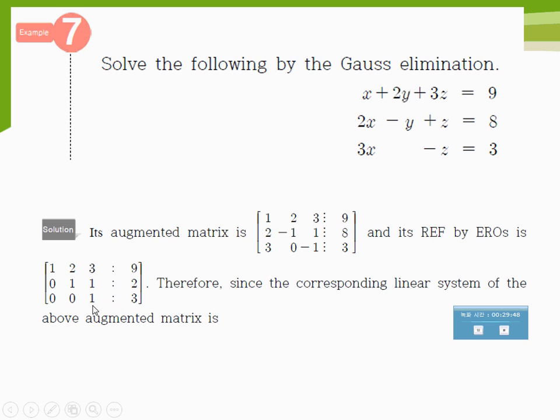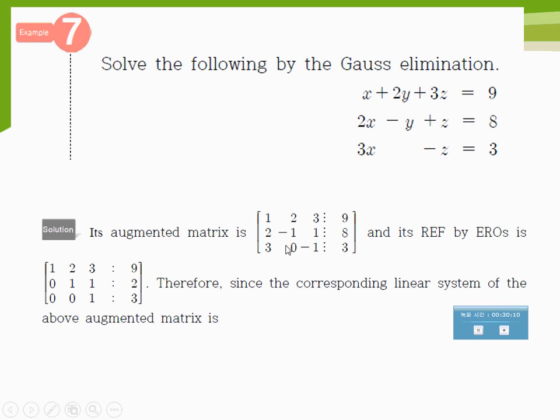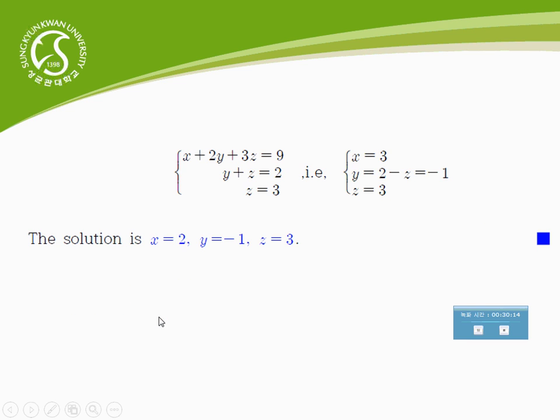Then, as you see here, z is equal to 3, and plug in here, then you will have a y value, and the x value will follow, like what you already saw, isn't it? This is an example that I showed in the first. Okay? From here, z is 3, y is -1, and x is equal to 3, like this. So this can be done only by just finding REF of the augmented matrix.